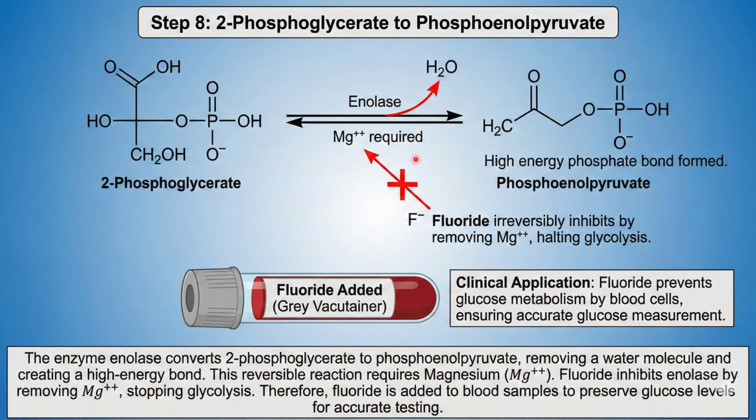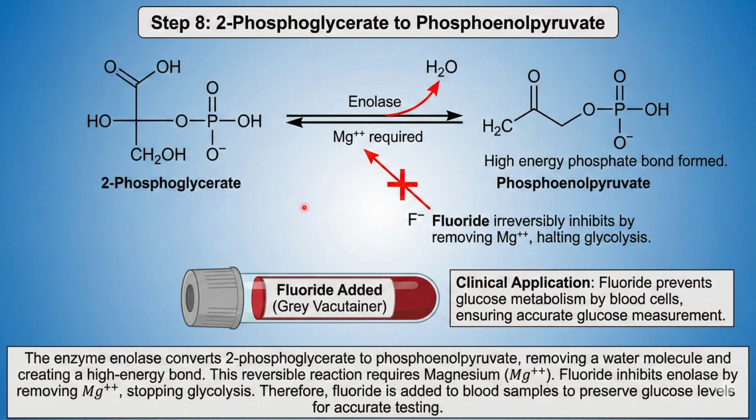Just like other enzymes have inhibitors, here fluoride ions inhibit the enolase. We have already seen in the practicals or other experiments that fluoride addition in the gray colored vacutainer acts as an anti-glycolytic agent. Why is that? Because the fluoride will irreversibly bind to the magnesium ions, remove them, and make them unavailable. So enolase will not be activated, and the inactivated enzyme will not be able to perform the reaction.